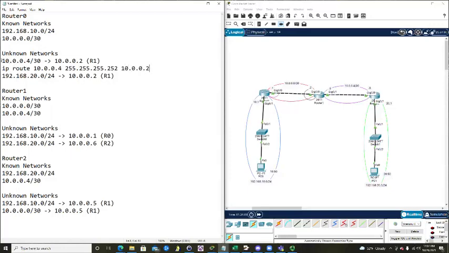So again, what we've done by writing it out this way is essentially writing out logically what the command is. We're stating IP route, we're telling it what network exists, which is 10.0.0.4. We're telling it how big that network is, which, remember, we've talked briefly about this before, is 255.255.255.252, the subnet mask.